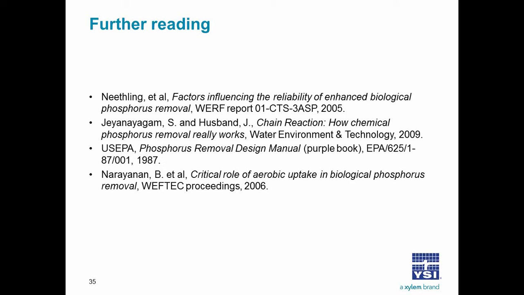What are the values of ORP that indicate bio-P release versus uptake? Well, that is seemingly an easy question. The trouble with ORP is it's a relative measurement, and so every facility, every application will be different.